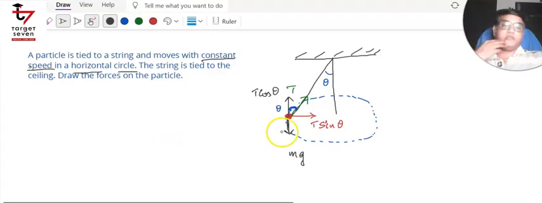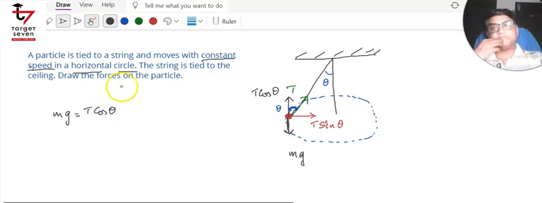Now, since the body is moving in a horizontal circle, we can establish the fact that mg will be equal to T cos theta, indicating that the net force here will be T sin theta, and this will be playing the role of the centripetal force.